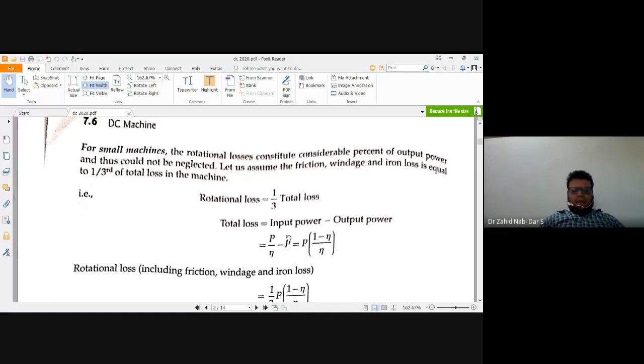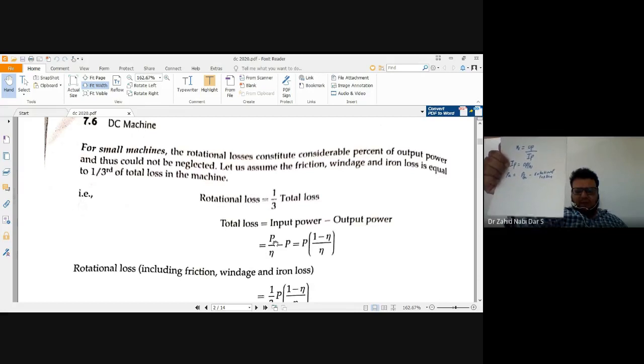Your input power is output power by efficiency, so P by efficiency minus my output power. Your output power and input power are very close, because you are neglecting almost all the losses.